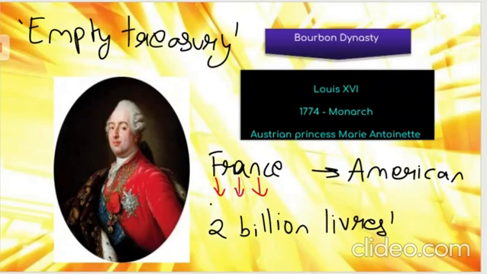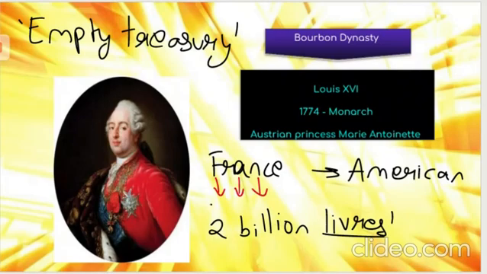Now, what is livres? Livres is nothing but the currency of France. So at that time 2 billion livres was the debt France was in. It was so much. Louis XVI was helping American countries gain independence, and he was going into debt himself.